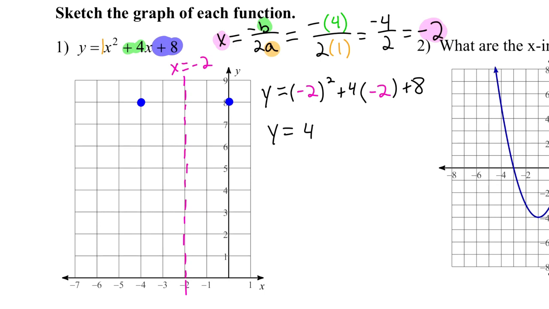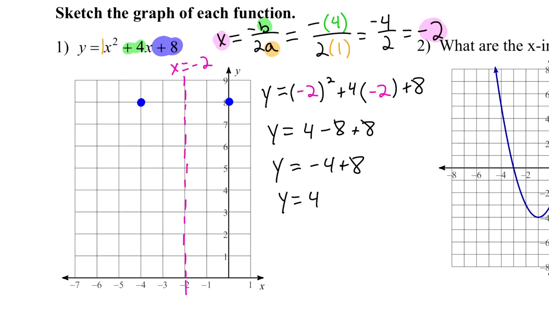And then I'm going to do this multiplication here right now as well. 4 times negative 2, that's going to be negative 8. I could say plus a negative 8, but I think that just 4 minus 8 is easier. And then plus 8. Now 4 minus 8, that's going to be negative 4 plus 8. And negative 4 plus 8 is positive 4.